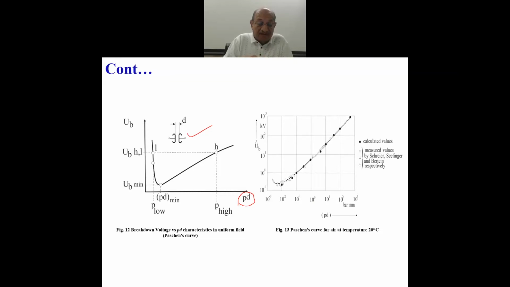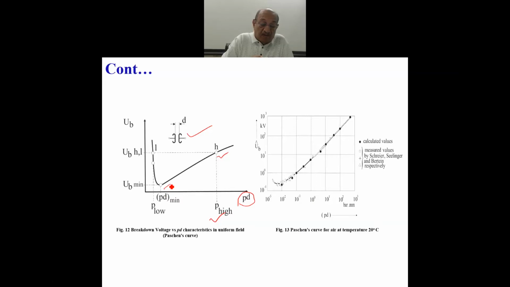Let's consider D to be constant. That means a constant gap distance is maintained between the uniform field electrodes. Only thing, you begin with a high pressure. This is P high, as you can see. When you have very high pressure of the gas, the breakdown voltage is here. And when you reduce the pressure, the breakdown voltage also reduces, and there is a minimum.